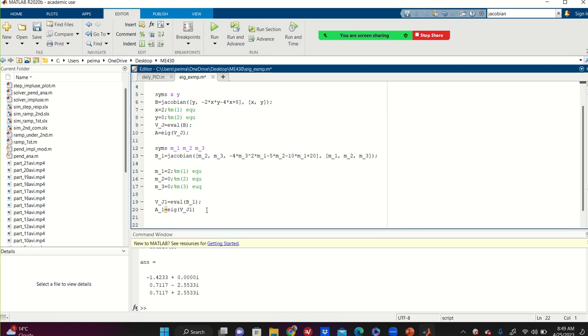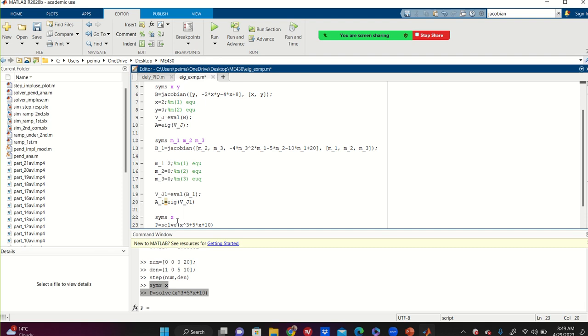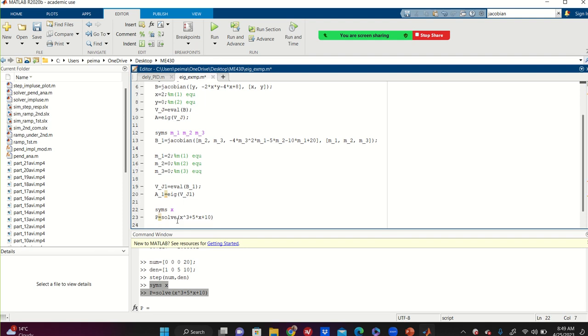So now I'm just copying this here because I'm going to share it with you, and this is the wrapping up point of the modeling of the system. If I run this, you see the eigenvalues, and these are the poles.